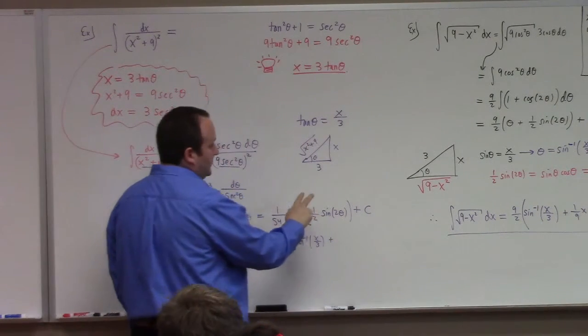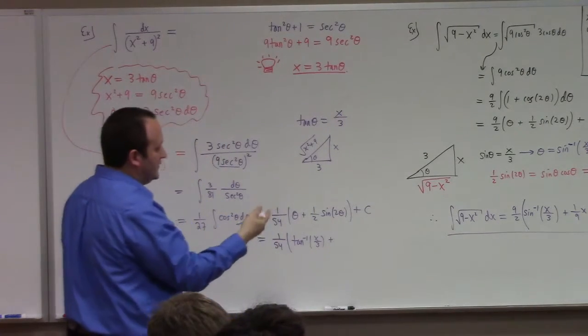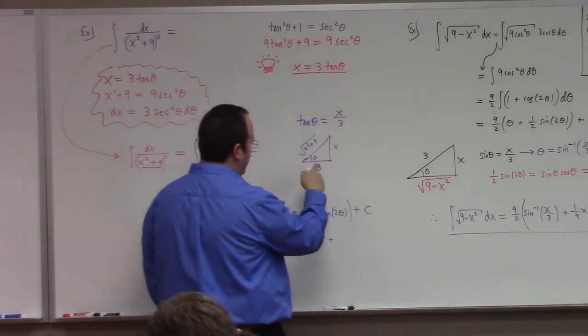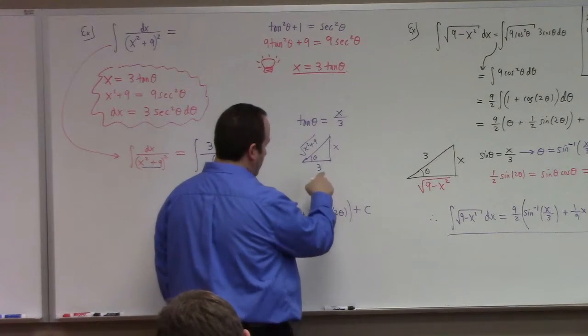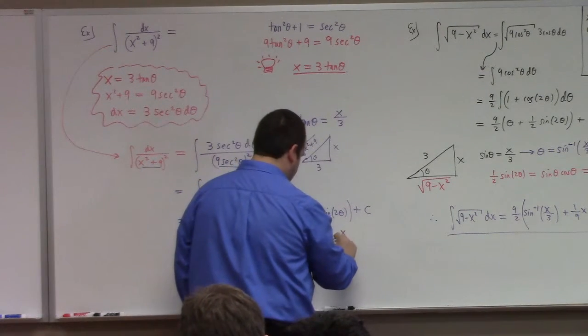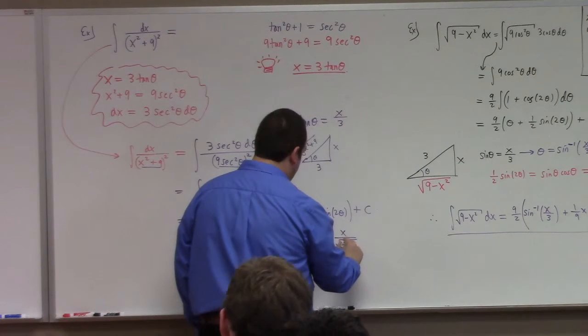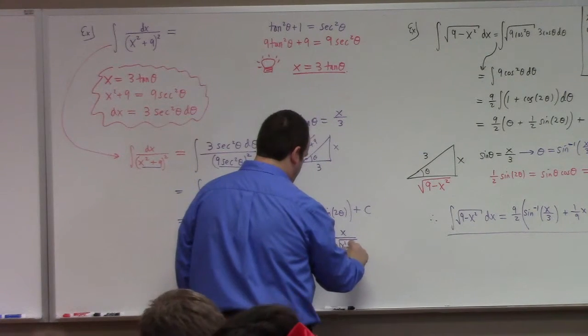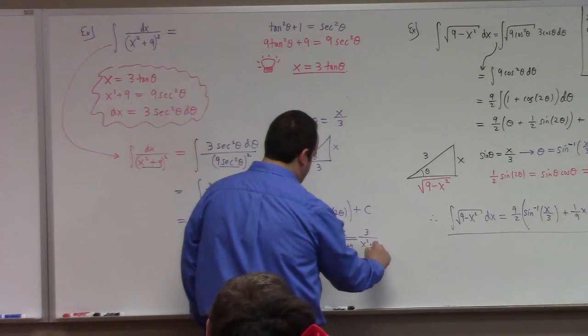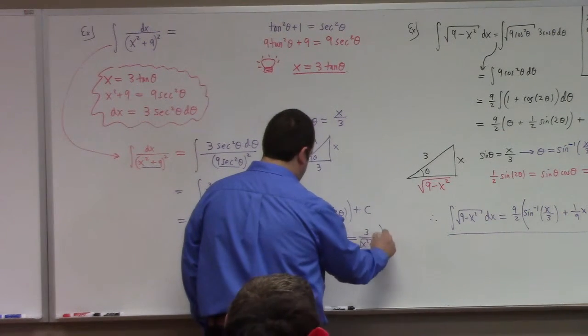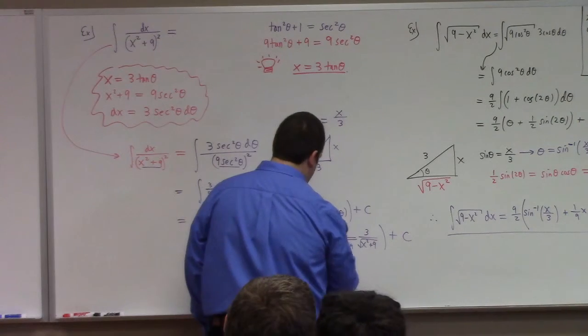And then what do we say? 1/2 sine 2 theta is sine theta cosine theta. So sine theta cosine theta is what here? X over the square root of x squared plus 9, right? Cosine theta is 3 over the square root of x squared plus 9, right? And then, of course, you could simplify this a little bit more, but we got to go.